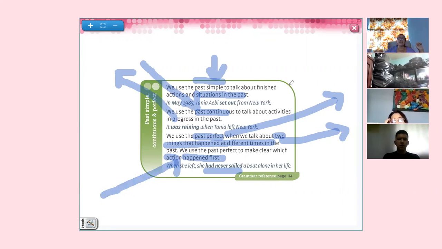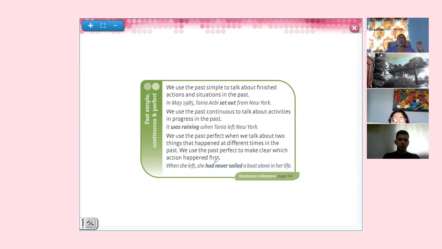Remember, with the past simple we use regular or irregular verbs. With the past continuous, was or were and the verb with the ing form. And the past perfect, had and the verb in the past participle form. Those are the two characteristics that we are going to find in this.